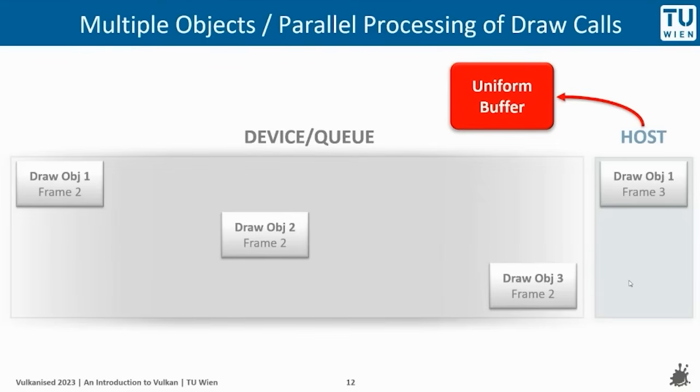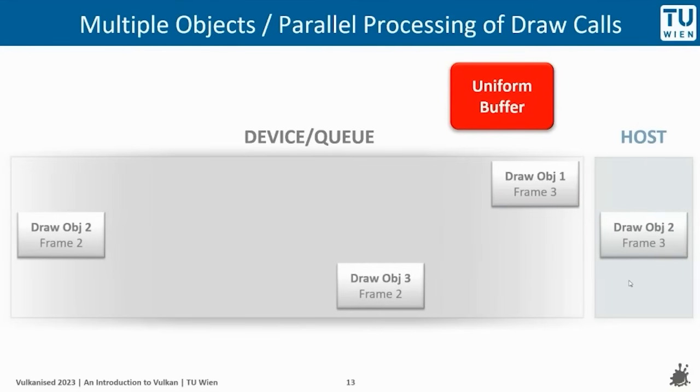Let's just talk about colors, but it's the same for transformation matrices. So in this case, we transfer the red color, which is suitable for object 1, into the uniform buffer. So we submit the draw call for object 1 to the queue, and the uniform buffer contains the correct data for rendering object 1, the red data.